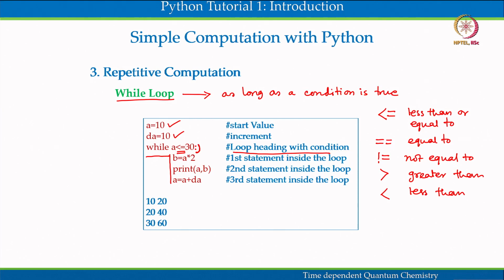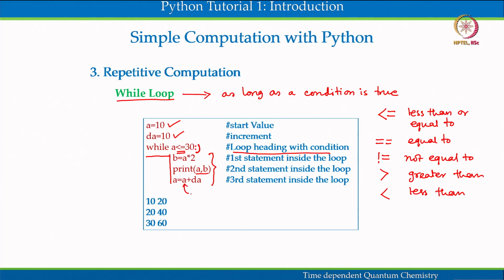If the value of a is less than or equal to 30, it will perform this task. And in the task, you are saying b equals a multiplied by 2, then it will print a, b, and then it will update the value.